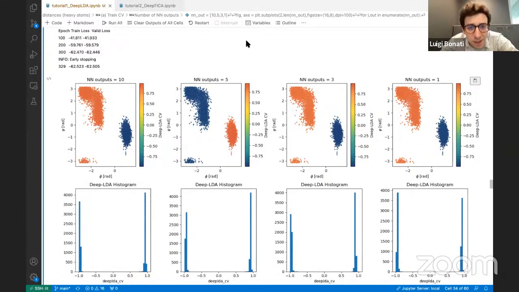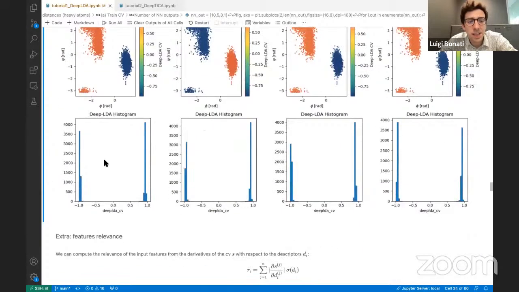The only difference here is that in one case the values of the CV in the 2 states are exchanged, but as you can see, the projection is always very sharp.